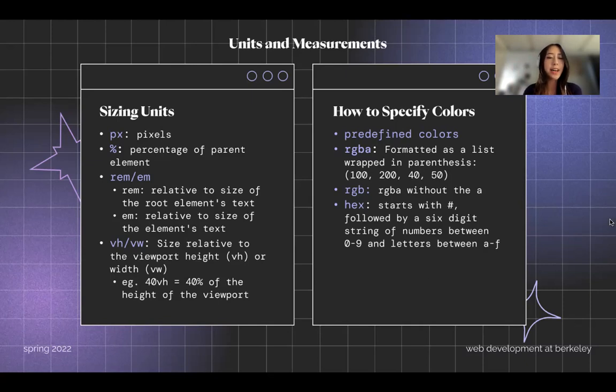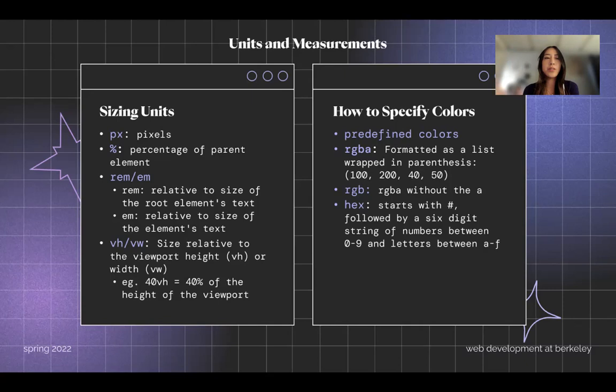And then next we have view height and view width, or vh and vw, which is a size relative to the viewport height and the viewport width. The viewport is, if you look in your browser, for example, I use Google Chrome, your viewport will be all the screen under your bookmark bar.